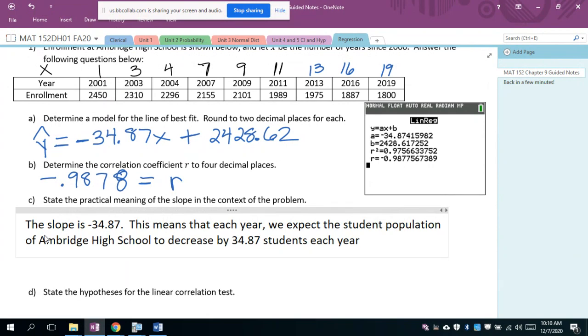Now, it's decreasing because the slope was negative. If it were increasing, then the slope would be positive. Consequently, it's a negative slope.